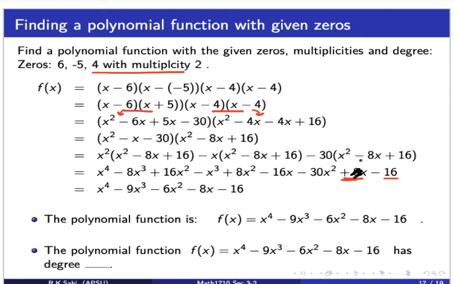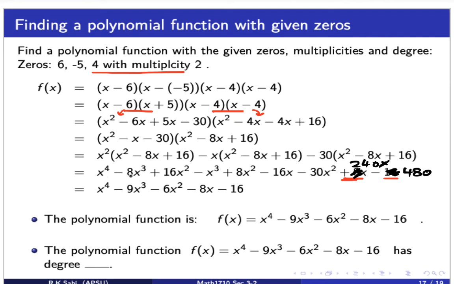So this is going to be plus 240x. Okay. And then minus 16 is right, but 30 times 16, what is 30 times 16? 480. So it's minus 480.